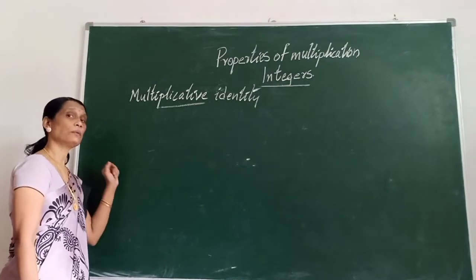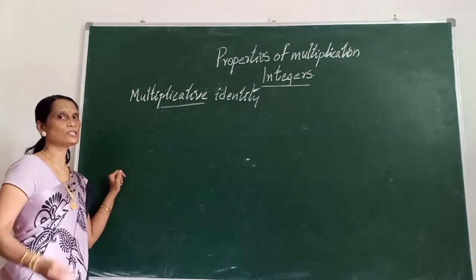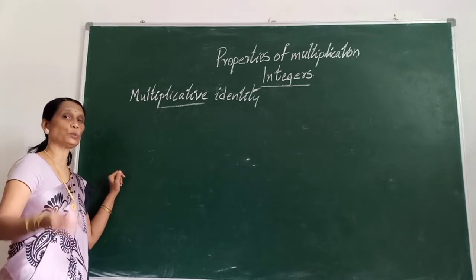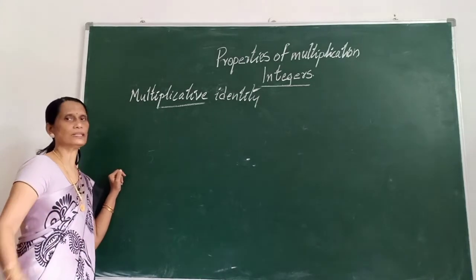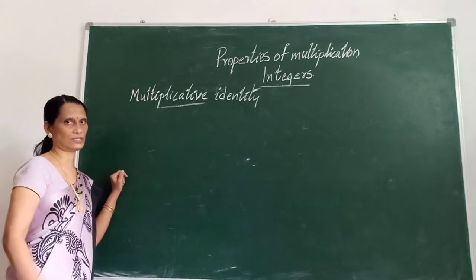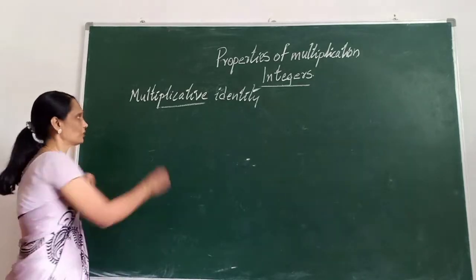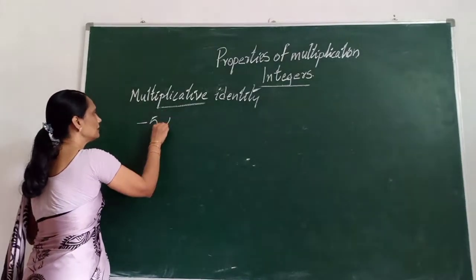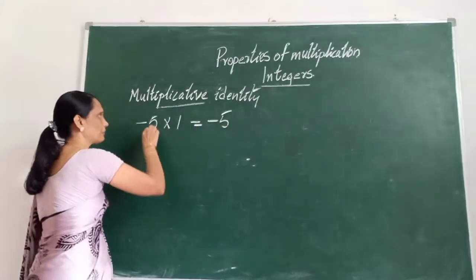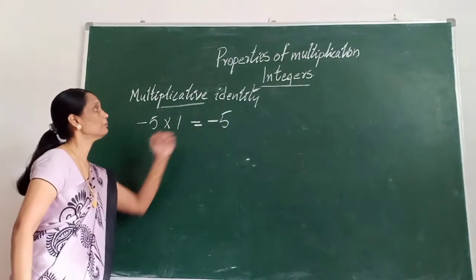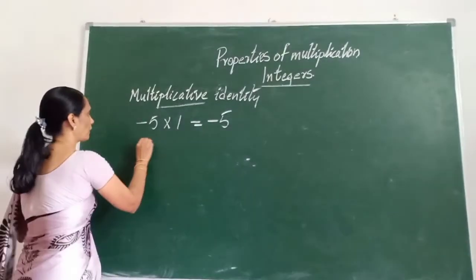Do you remember the additive identity that we learned in the earlier video? Additive identity is 0. That means when we add 0 to any integer, we get the integer itself. In the same way, there is a multiplicative identity also. If we multiply an integer by 1, we will get that integer itself. Minus 5 into 1 equals minus 5, or 1 into minus 5 equals minus 5.